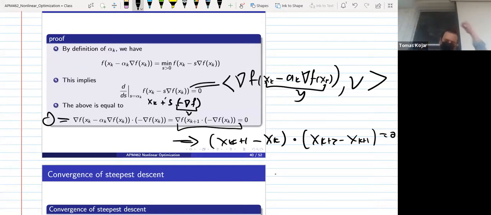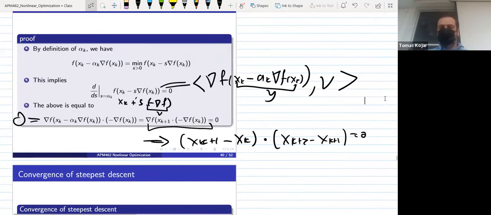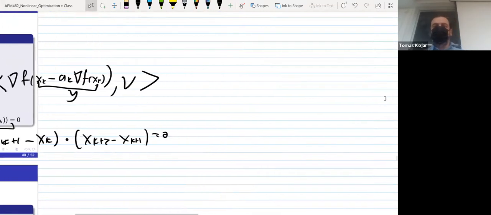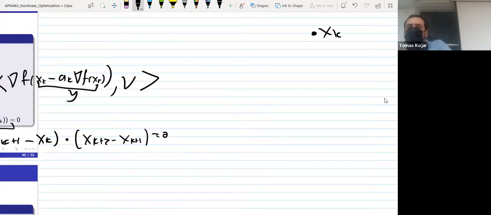Okay, so what's a way to visualize this? If you Google online, you will see that all the jumps move like this. This is x_k, it goes like this, then it goes down like this, and down like this.